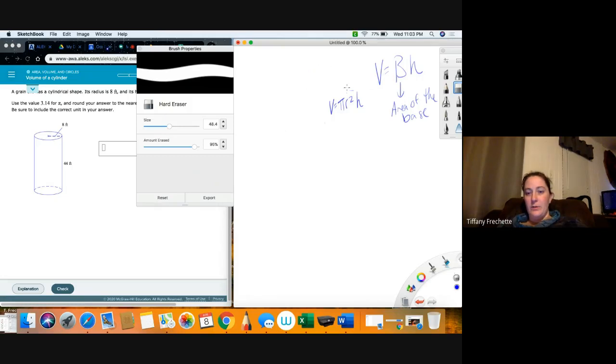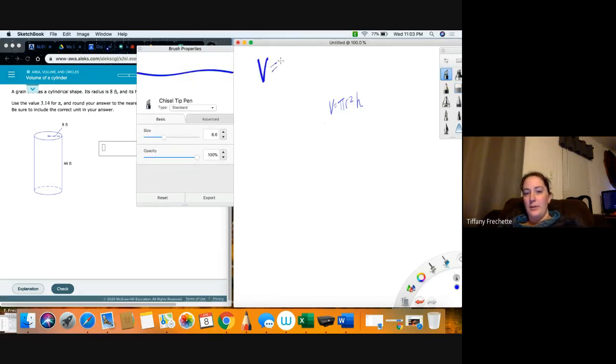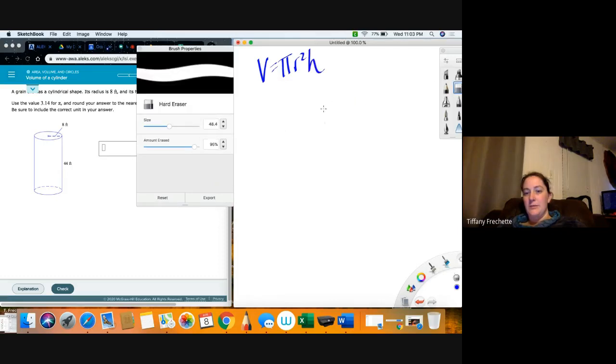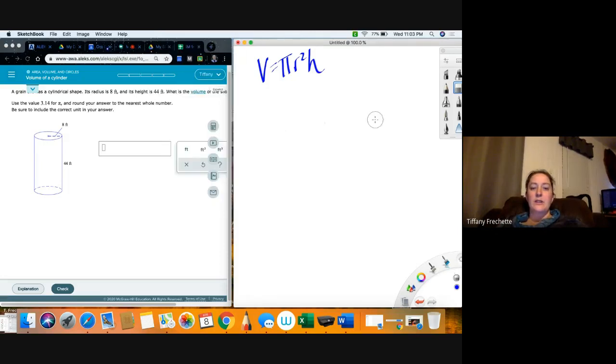Really, the only thing we're worried about, we don't really need all the rest of this stuff. I'm only worried about volume equals pi r squared h. So it doesn't really matter. We don't really need the rest of it. That was just more of my explanation to get to pi r squared h.